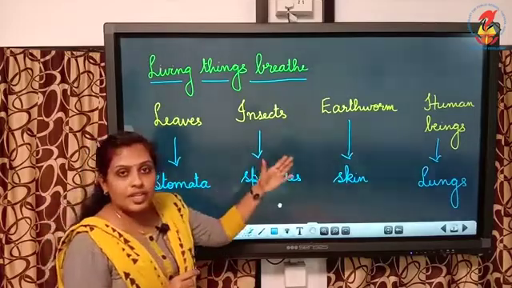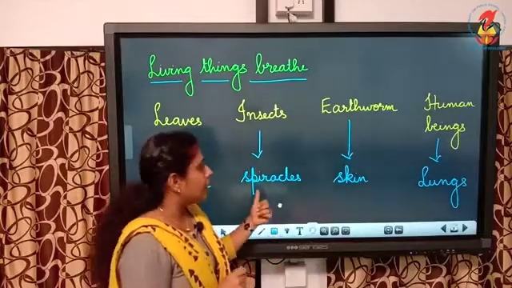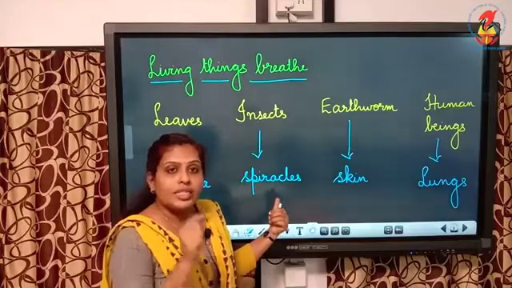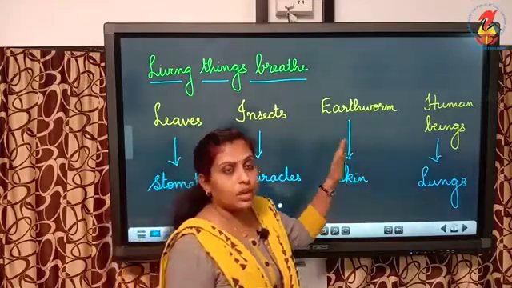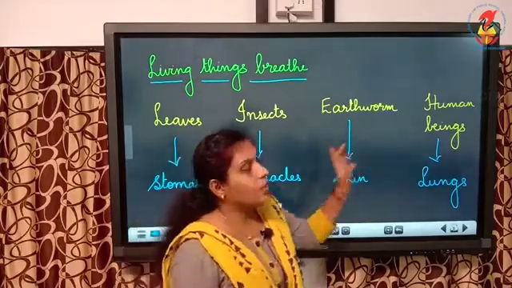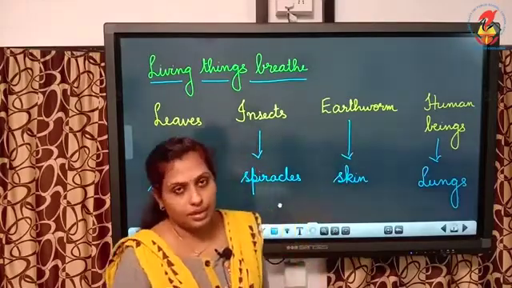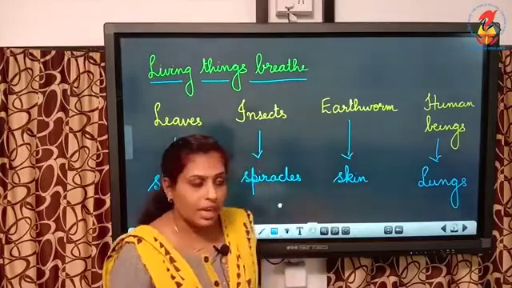In the case of insects, the organ for breathing is called spiracle, found on their body as small holes. Then we talked about the earthworm. The earthworm breathes through its skin. And lastly, human beings have lungs to breathe. So this was what we learned in the last class.